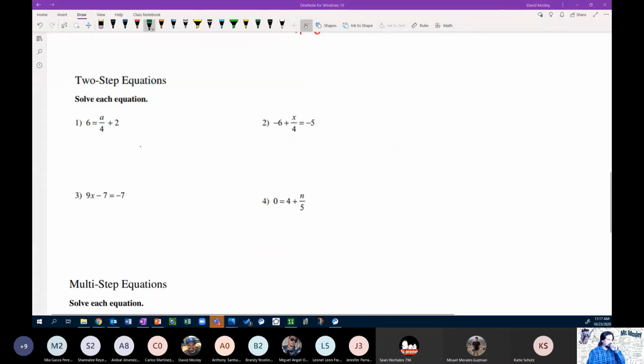So we're going to start by subtracting 2 on this one from each side. Okay, I need A by itself. So I subtract 2. I have plus 2 minus 2. Cancels. 6 minus 2, 4 equals A divided by 4.